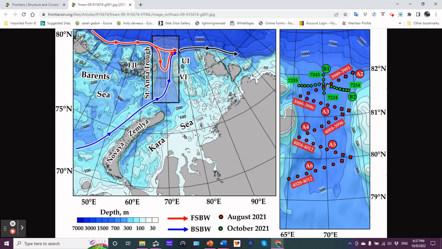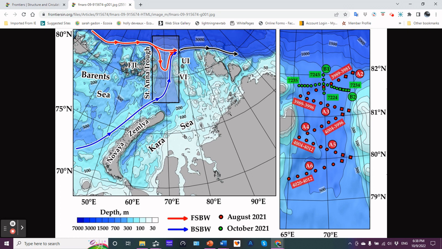But you can see all the green, that's the October measurements. And then all the red, you can see, makes kind of like a zigzag transect. Those are the measurements done in August of 2021. These were done in October, the green of 2021.